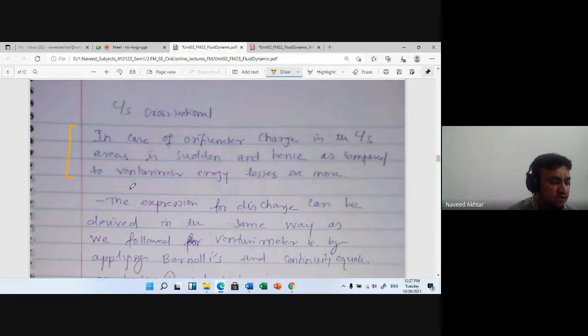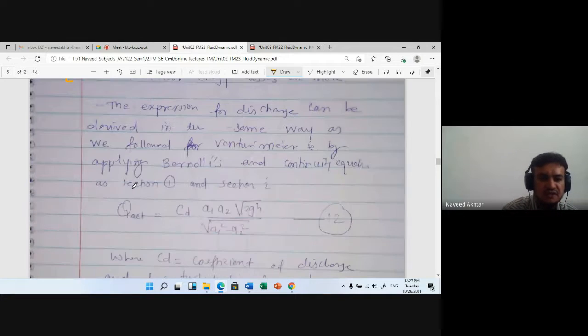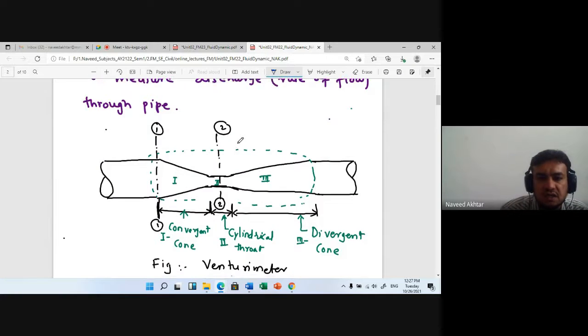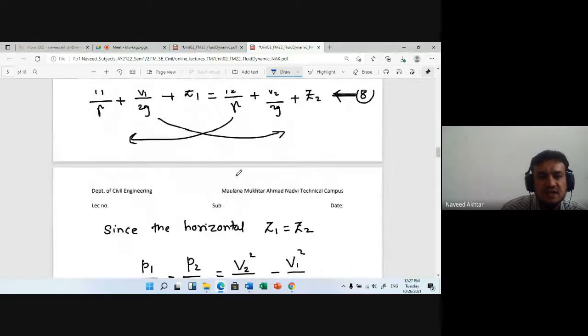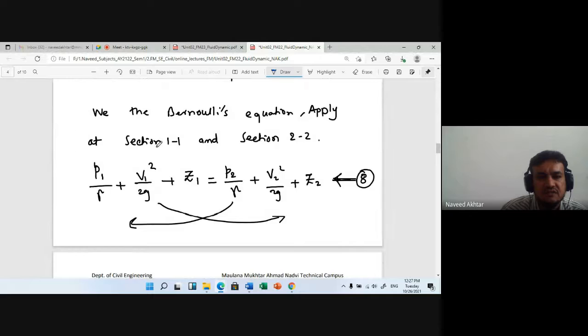The expression for discharge can be derived in the same way that I discussed yesterday. Take section 1 and section 2. P1 upon gamma plus V1 square upon 2G plus Z1, similarly at section 2, P2 upon gamma plus V2 square upon 2G plus Z2.